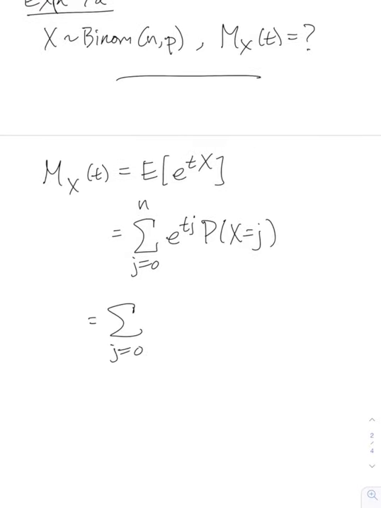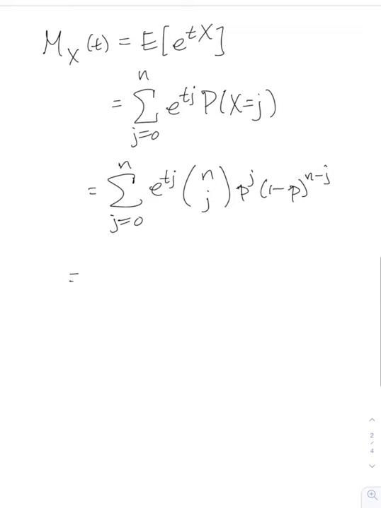Okay. X is binomial, so that's going to be n choose j times p to the j times 1 minus p to the n minus j. And let's rearrange that a little bit.